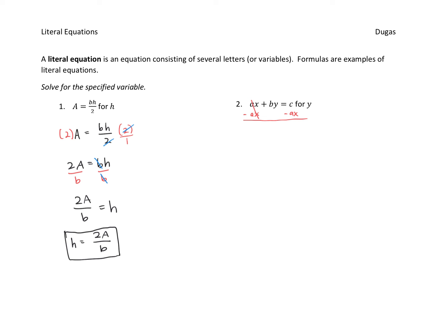On the left-hand side, that will zero out because we have opposites. A positive AX minus AX will zero out and just leave us BY. And then on the right, we will have C minus AX. Those are not like terms, so we can't combine them. We're just going to write them in order, the C minus the AX.